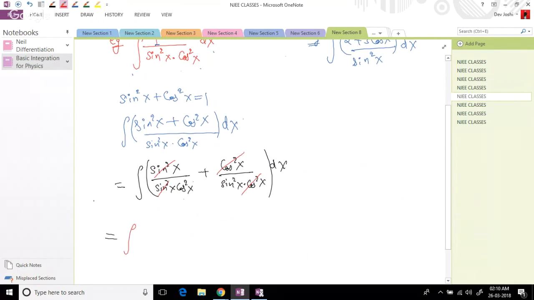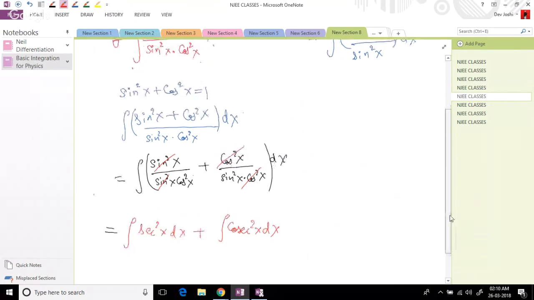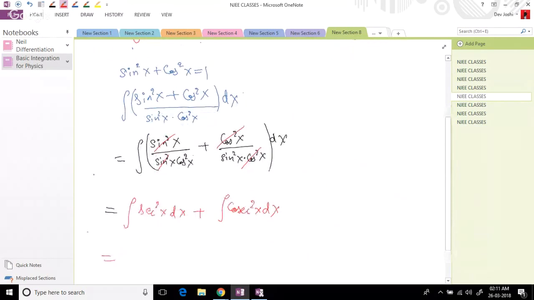So what we are having, integral of 1 upon cos square x, which is equal to sec square x dx, plus integral of 1 upon sin square x, which is cosec square x dx. And we know the direct formulas for that. What is the formula for sec square x? It is simply tan x. And what is the formula for cosec square x? It is minus cot x, plus a constant c will also be there. So that is how we can find the solution and the answer for this.